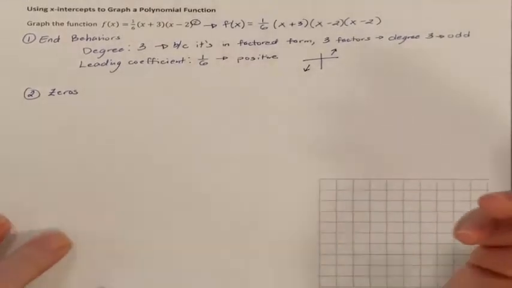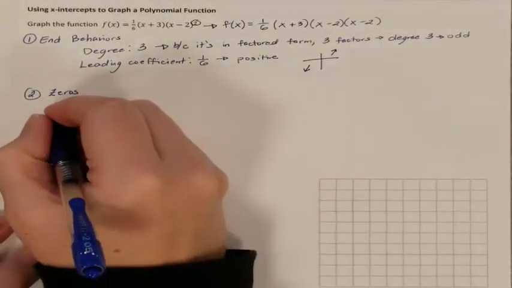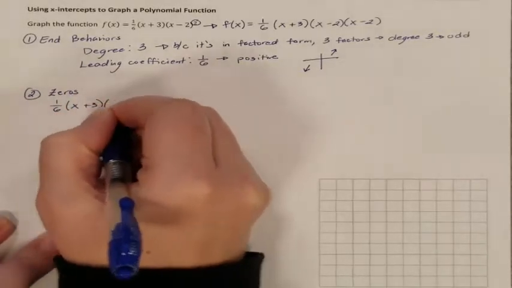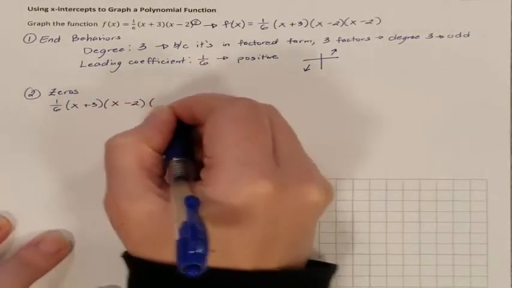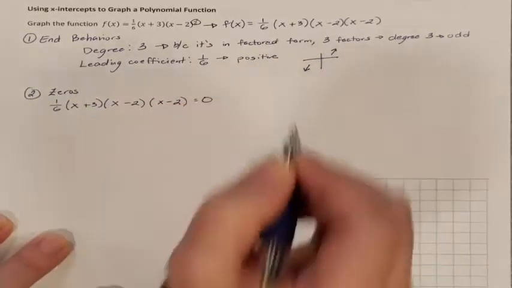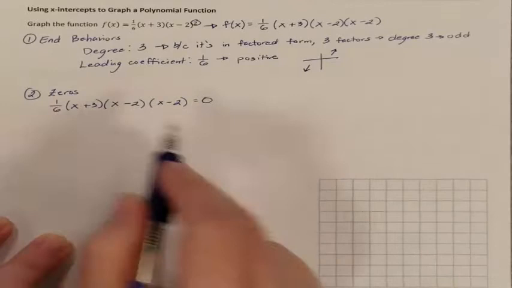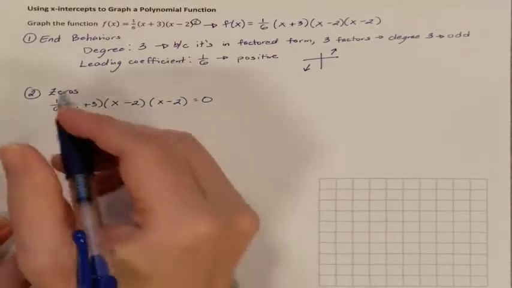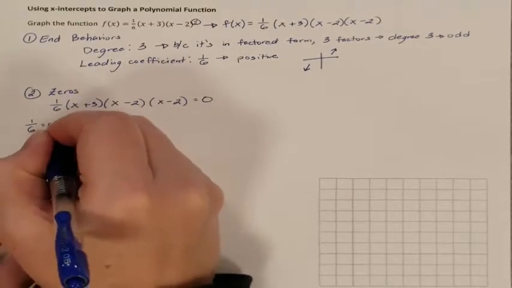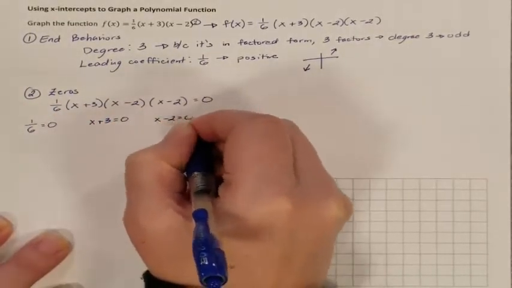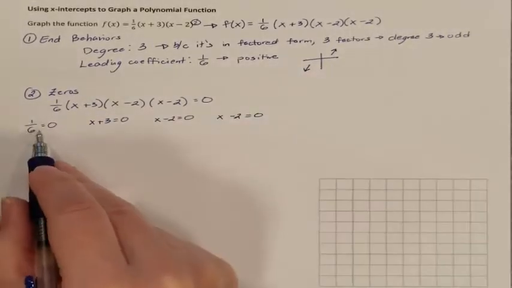We're going to do that by factoring. So our equation is 1/6 times x plus 3, x minus 2, x minus 2. This was our function. Our function had to equal 0 for us to find our zeros. Now it's already fully factored, so every single factor is going to give us an equal 0 statement. 1/6 does not equal 0.